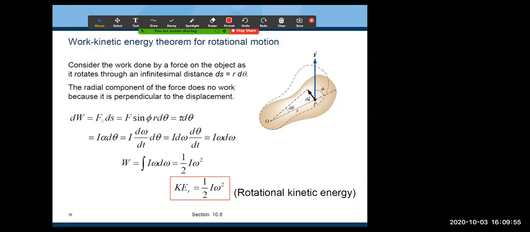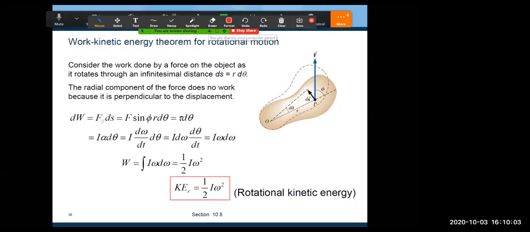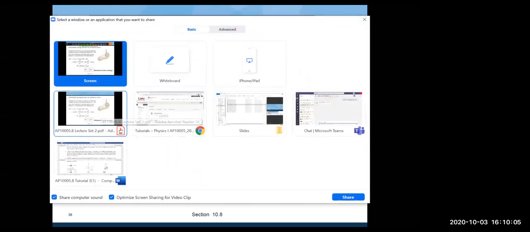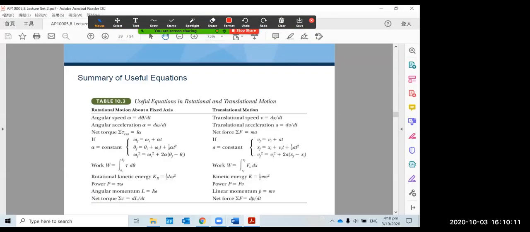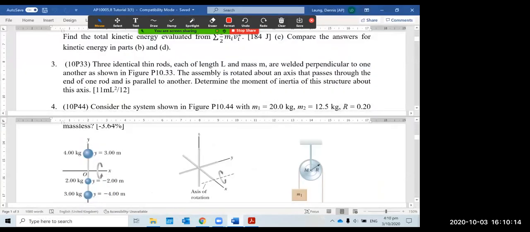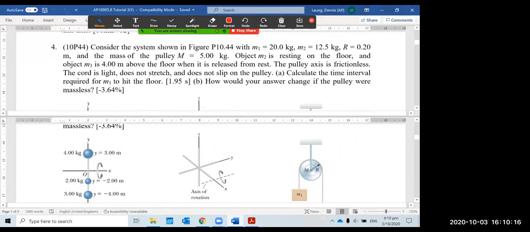Before we move on, let us take a look at another tutorial question. I will show the question, and that is question number 4.